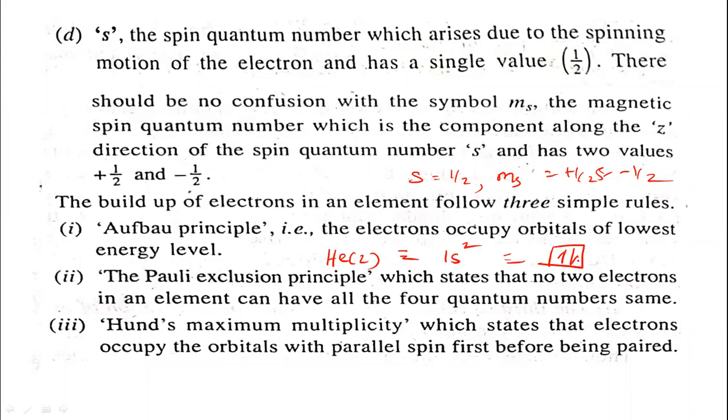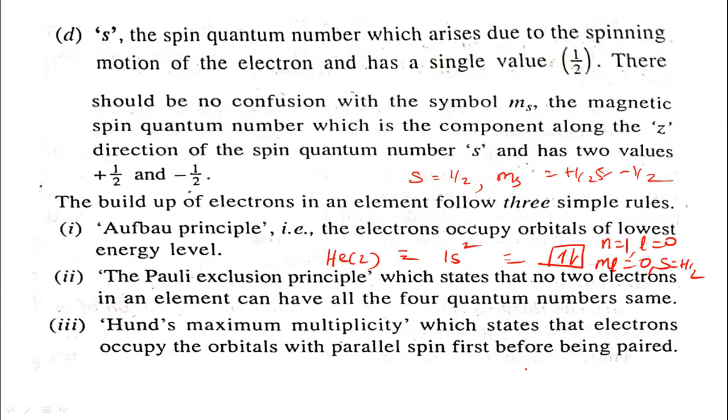What is the principal quantum number here? n equal to 1. Azimuthal quantum number L equal to 0, s orbital. Magnetic quantum number, as L equal to 0, ml equal to 0. What about the spin quantum number? For this electron, it is plus 1 by 2. For this electron, it is minus 1 by 2. So the spin quantum number has two values here, plus 1 by 2 and minus 1 by 2. This electron has n equal to 1, L equal to 0, ML equal to 0, and s equal to plus 1 by 2.